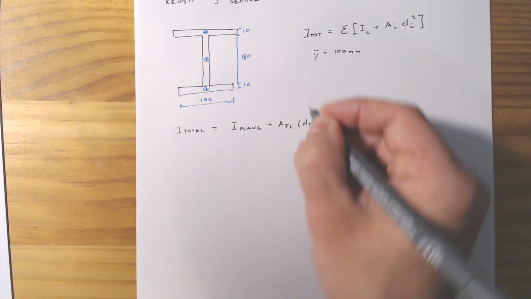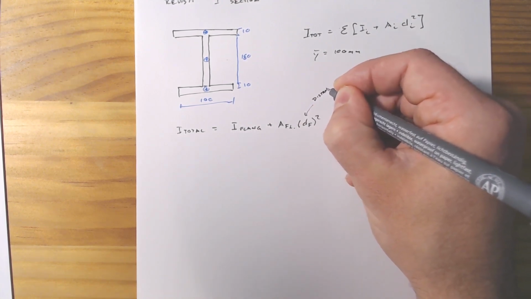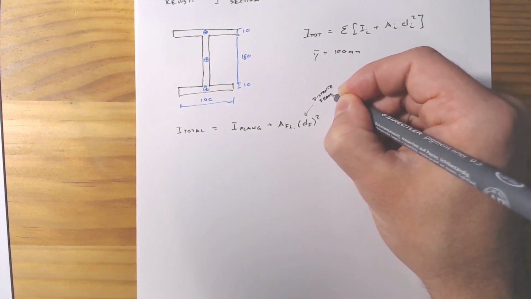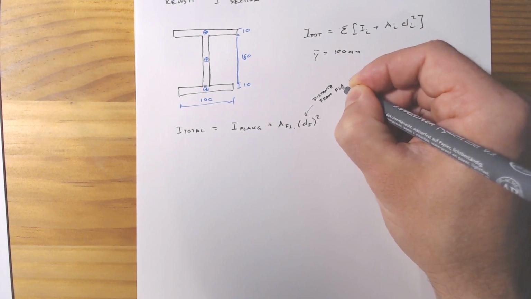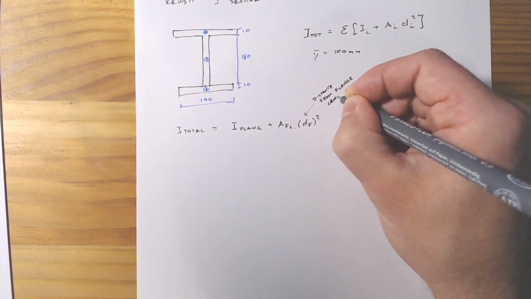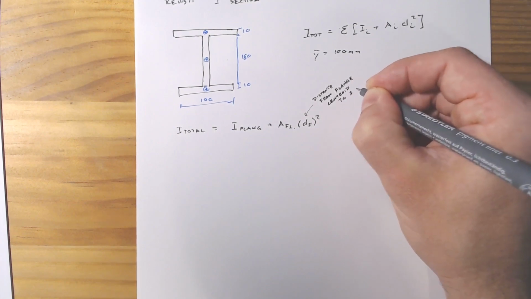So this is the distance from flange centroid to section centroid.